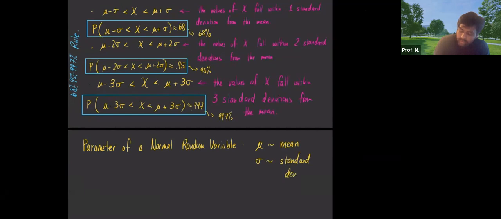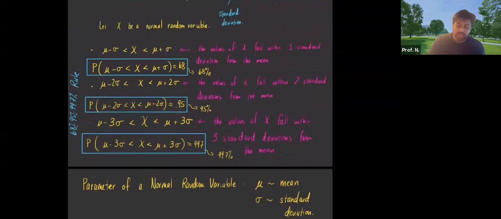These are really the only things we need to determine everything we could know about the normal random variable.